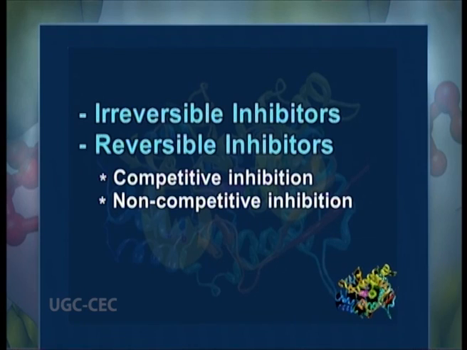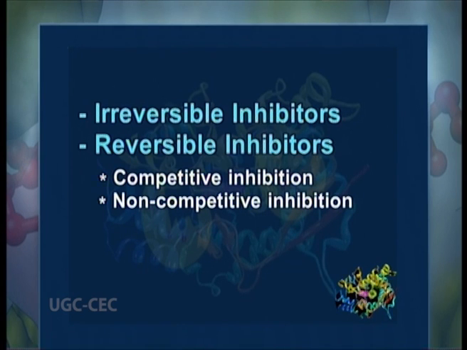Example: in case of methanol poisoning, methanol in the body is converted to harmful formaldehyde by alcohol dehydrogenase. A high dose of ethanol is used to alleviate the effect of methanol because ethanol competitively binds with the active site of alcohol dehydrogenase.